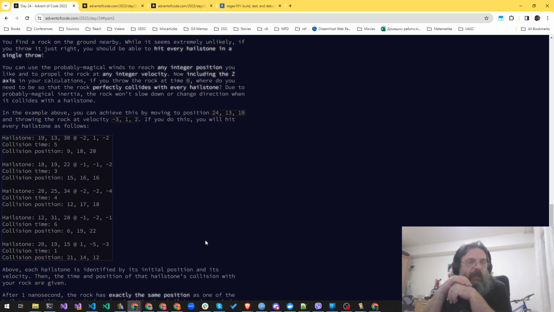So we take a line. If we have a single line, we can basically have any line that intersects it, and we can play around with the time that we want to do that, so we can have multiple solutions for that. So given any position, I could throw a rock with some velocity so that it hits a given other line.